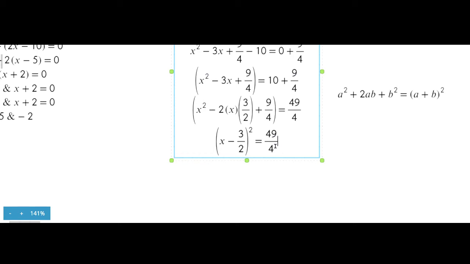Now all we have to do is find the value of x. So we will apply the square root here to make it a bit simpler. Applying the square root, and to balance it we have to apply it on both sides.